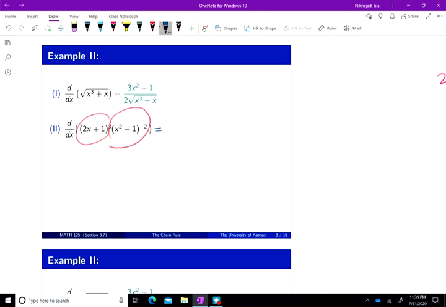So let's write the product rule first. The derivative of the first factor times the second factor plus the first factor times the derivative of the second factor.